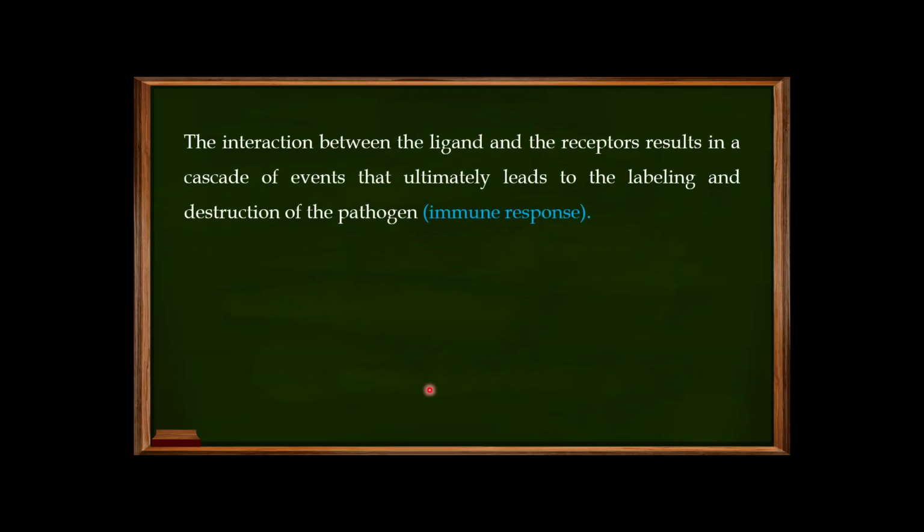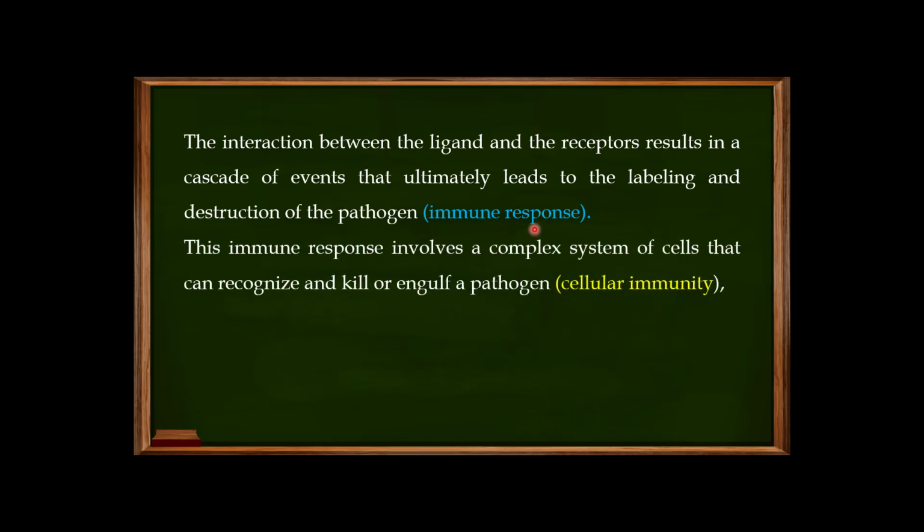The interaction between the ligand and the receptor results in a cascade of events that ultimately leads to the labeling and destruction of the pathogen. This immune response involves both cellular immunity and humoral immunity, which are the two arms of the immunity.